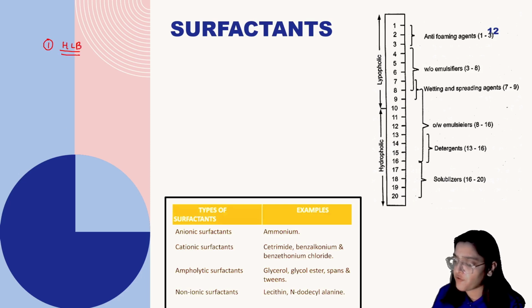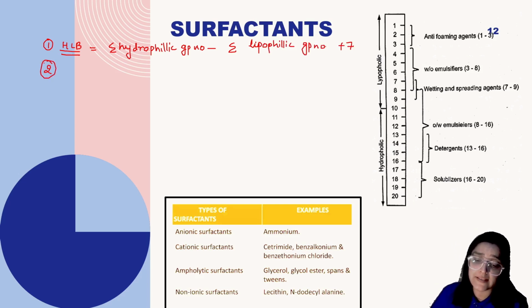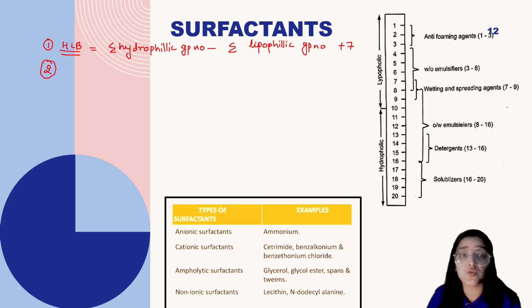The very simple formula for determination of HLB is the summation of hydrophilic group numbers minus the summation of lipophilic group numbers plus 7. Direct questions can be asked based on these formulas, so you can just note it down.